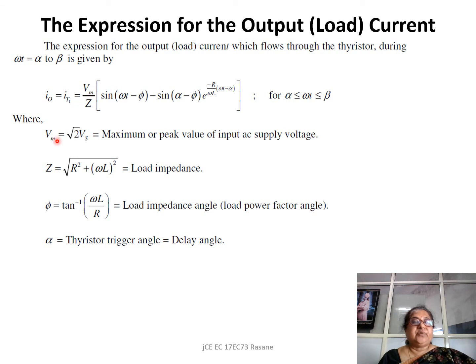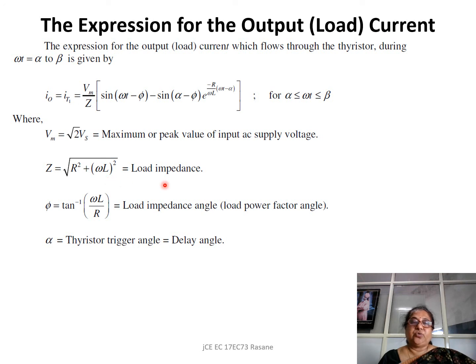What is Vm? Vm is nothing but the peak value of the input voltage, which can be represented as root 2 Vs, and that is the maximum or peak value of the input supply voltage. Z is the load impedance. In this case, we are not dealing with a purely resistive load, but also an inductive load, and hence the impedance is equal to root of R square plus omega L square.